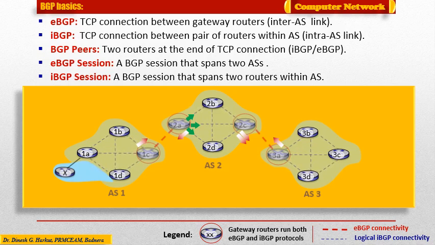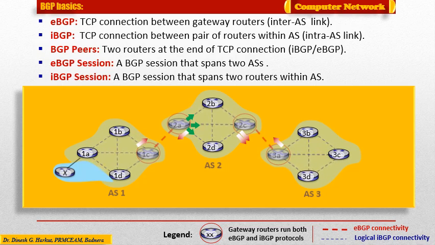BGP allows each AS to learn which destinations are reachable via its neighboring AS. Now, we will see how BGP distributes prefix reachability information over BGP sessions with the help of the given figure.